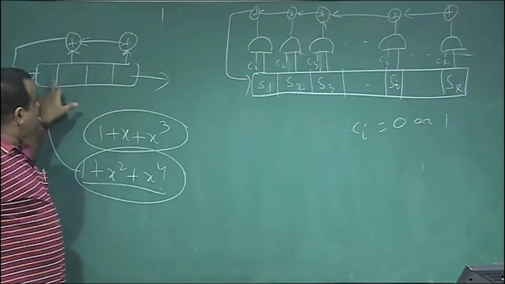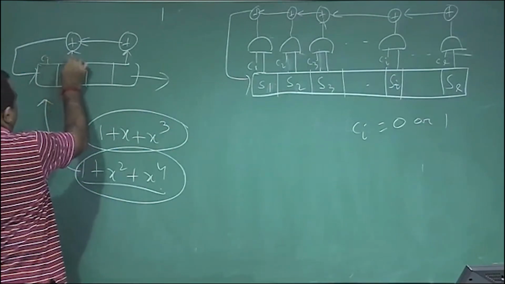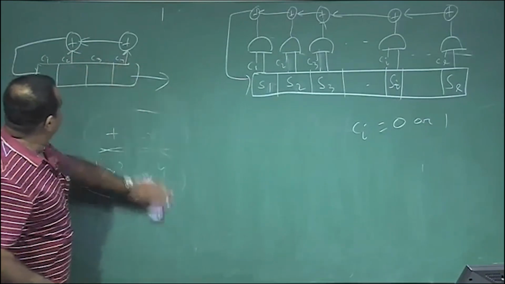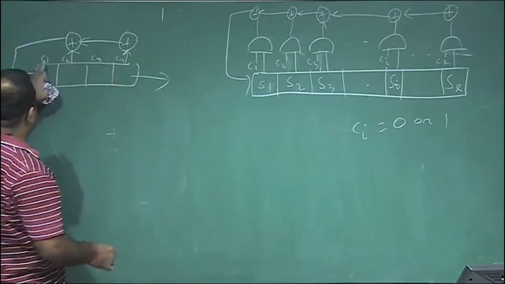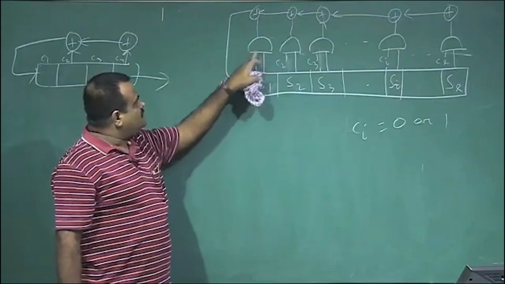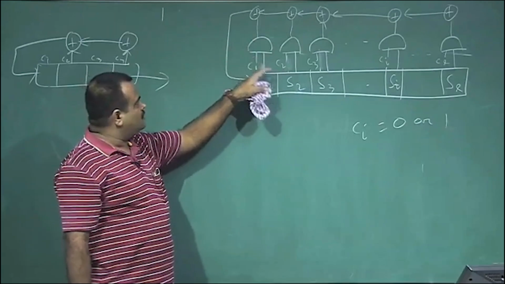Okay. So, for example, in this case this is C1, this is C2, this is C3, this is C4. Here C1 is 0 because this is not contributing. If C1 is 0, this is the AND gate, so whatever value it is having, the output will be 0 only because C1 is 0.